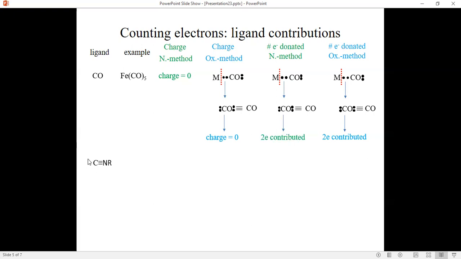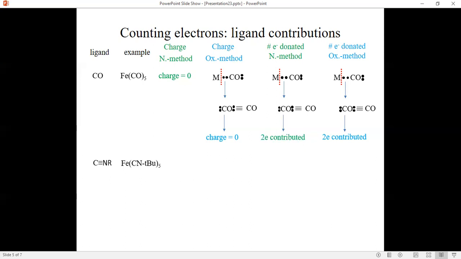But this gives overall a neutral molecule. So there are also complexes with this ligand. So for instance, penta tert-butyl isonitrile complex iron.